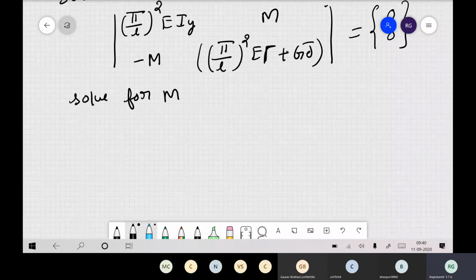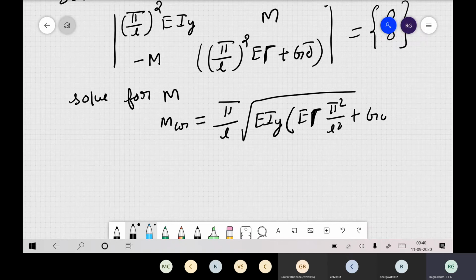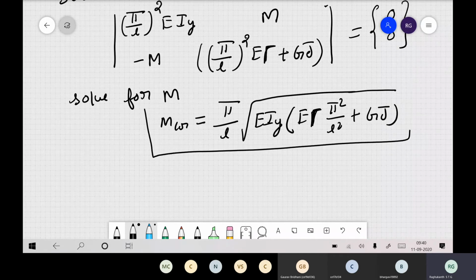It is a quadratic equation, M square automatically comes up. So your MCR becomes pi by L square root of EIy multiplied by E times the warping constant pi square by L square plus GJ. So this is our classical problem.